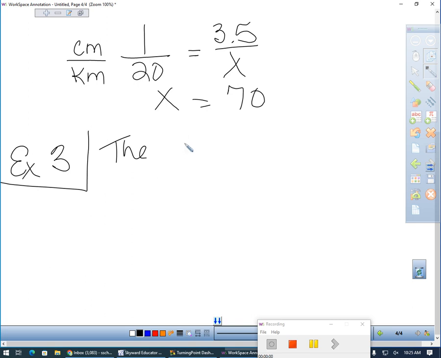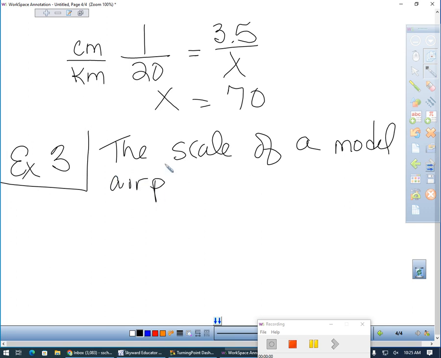Example number 3. The scale of a model airplane is 1 inch is 10 feet.